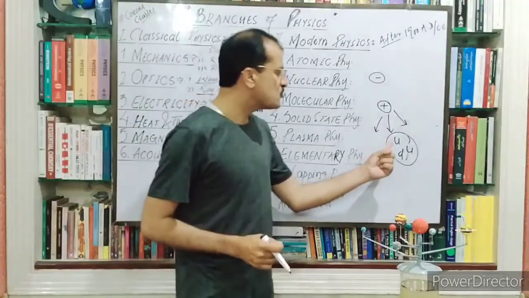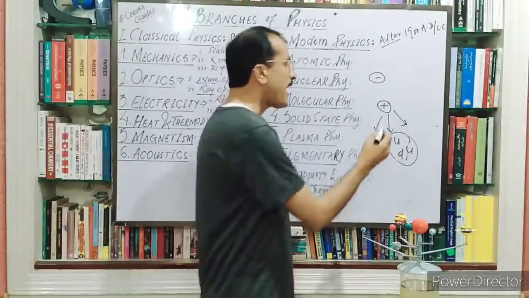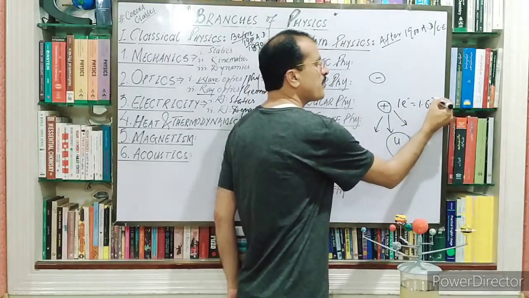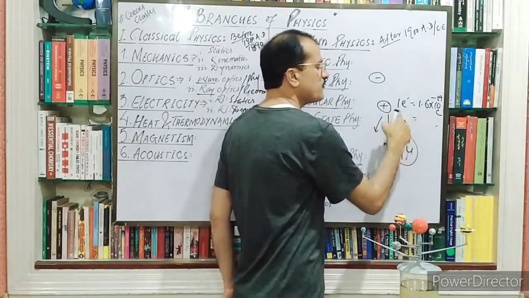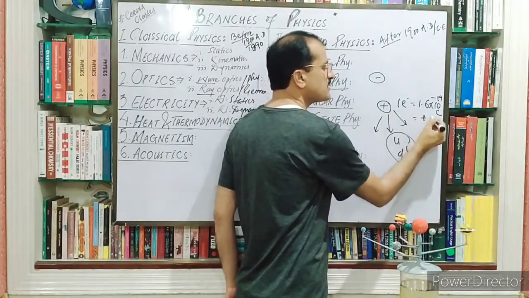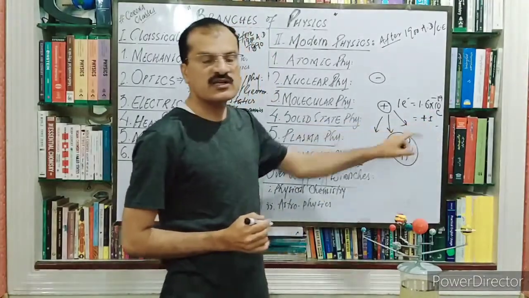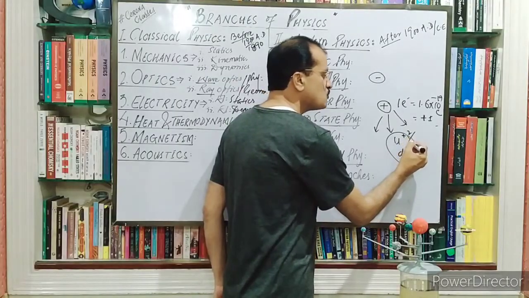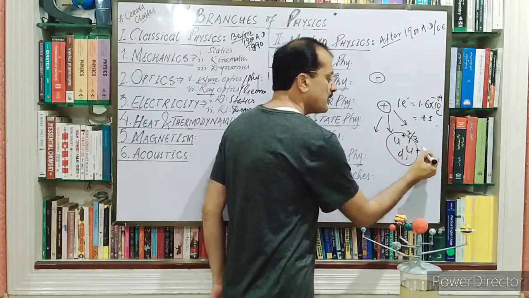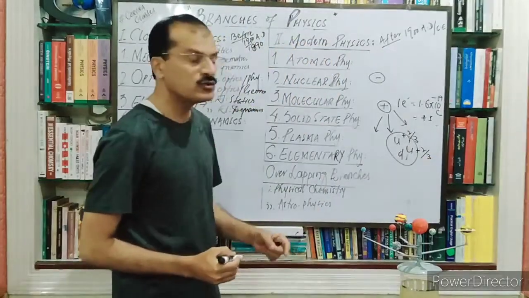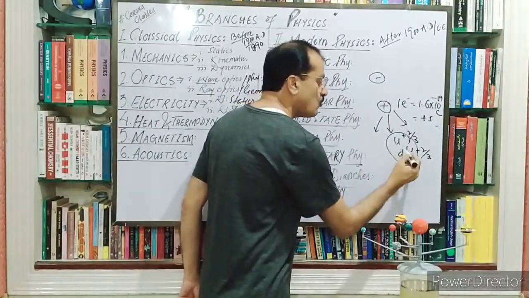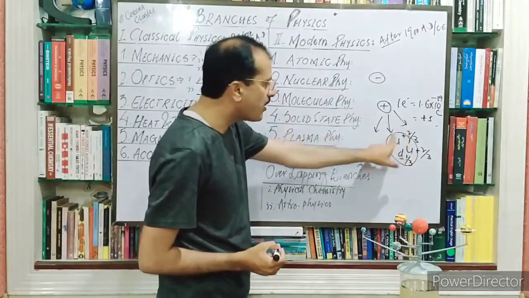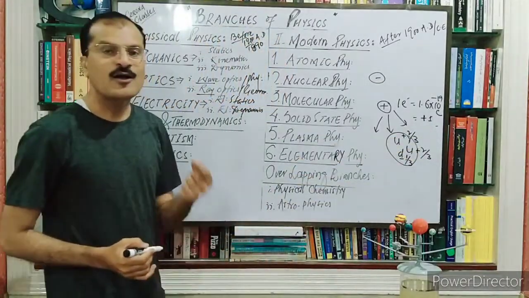Suppose the charge of the proton is 1.6 × 10^-19 coulomb, and we consider this as plus 1. Then the charge of one up is 2/3, the second up again has 2/3, and the charge of the down particle is negative 1/3. If you add all these charges, you get the value of plus 1.